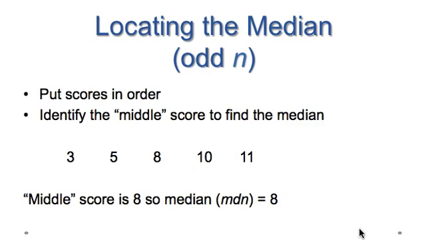Here is an example for locating the median with an odd number of observations. As you can see, these data are already in order from smallest to largest.